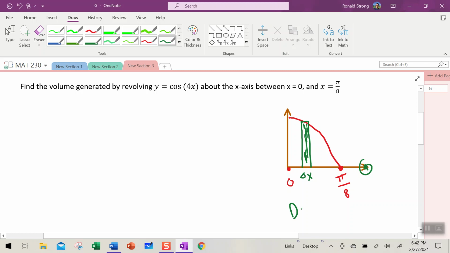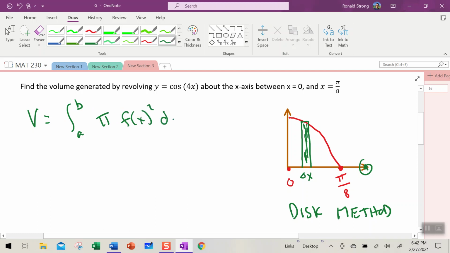All right, so we've drawn our picture and we've identified the method for finding the volume. So the basic formula for the disk method is the integral from a to b of pi times f of x squared dx.